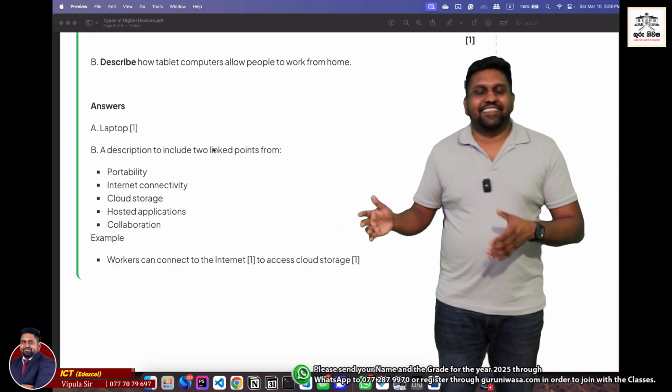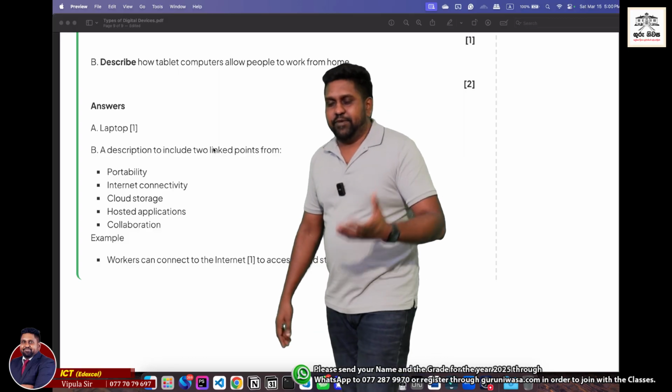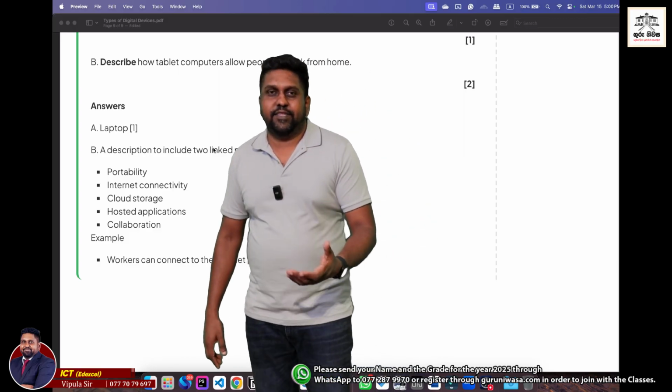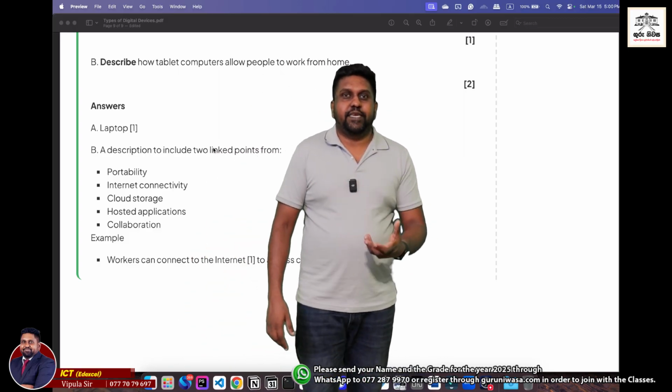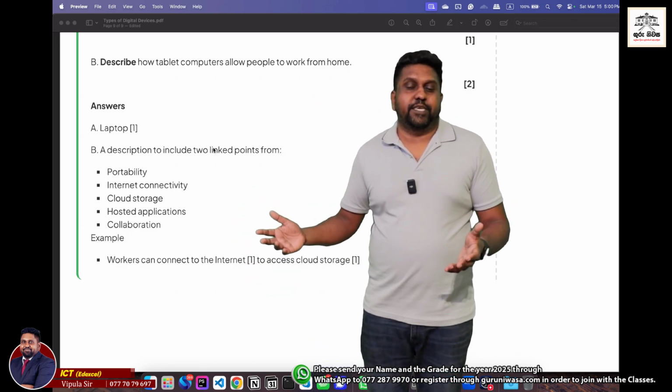Otherwise, you can say a tablet computer has internet access and portability, so they can access their applications and cloud from any location.